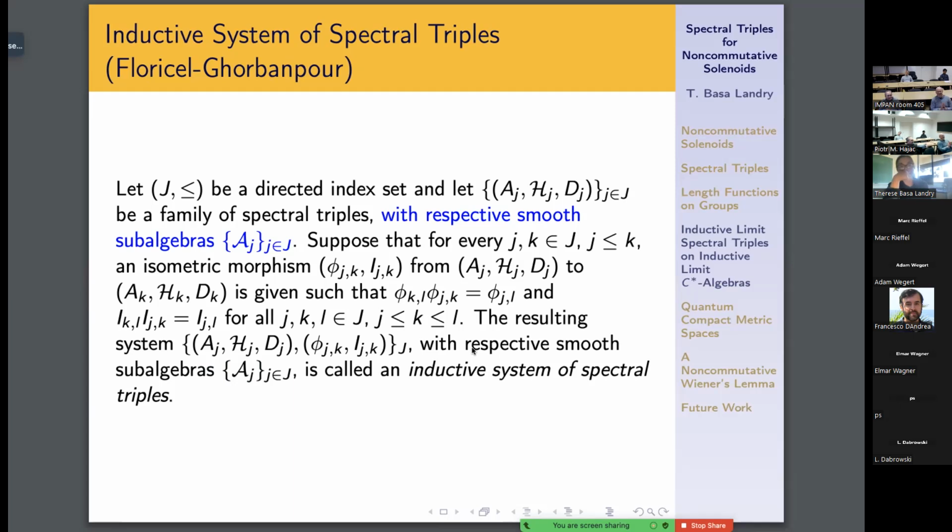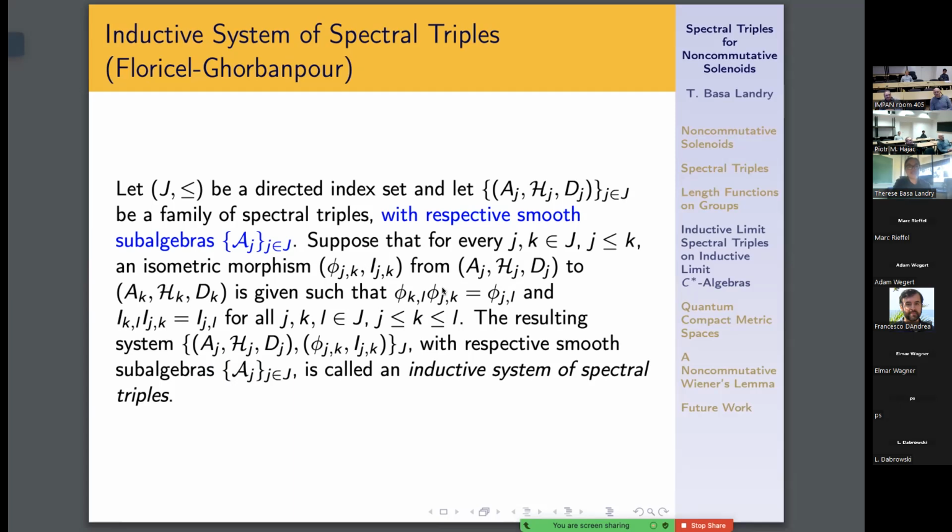Sorry, could you explain exactly what is an isometric morphism? Yeah, please. The problem is that these isometries are probably not necessarily unitaries. The unitary transformations should be for the big I's, because those are between the Hilbert spaces.